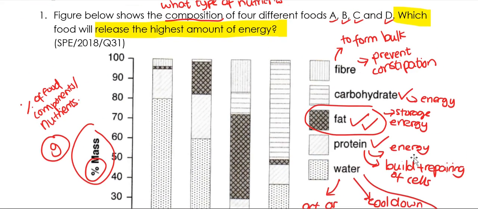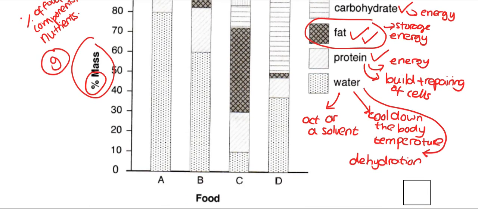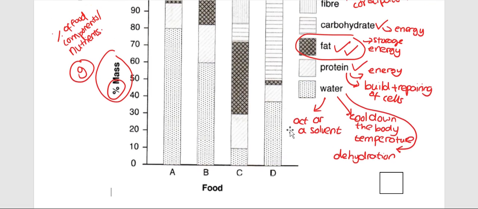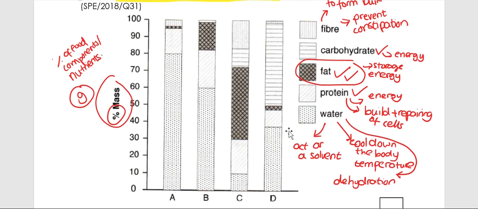Right, now that we have covered everything here, we can look at the graph. Let me zoom out a little bit, and we can see food A, B, C, D, and then percentage mass. Here we know that fat contains the most energy, so we need to focus on this type of pattern. It's that black pattern, and if we draw a line here, and another line here, we can see that it's about 70 minus 30, so 1, 2, 3.